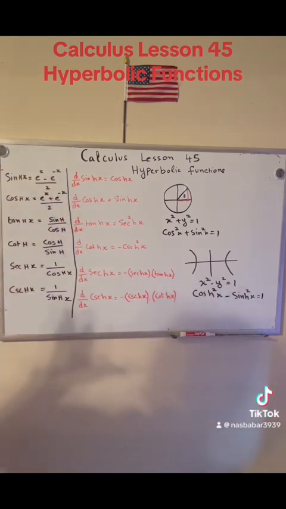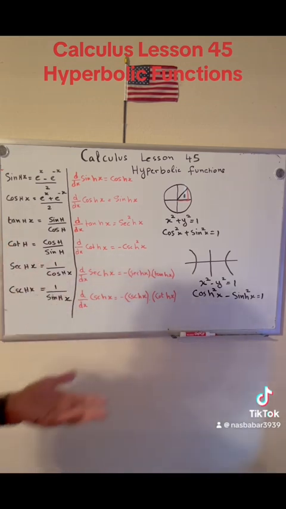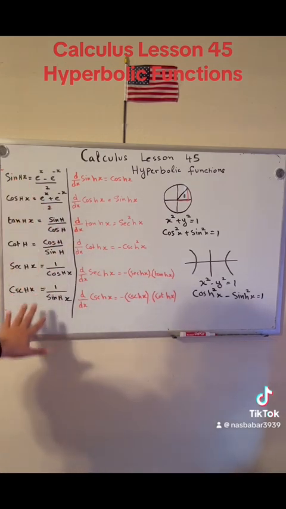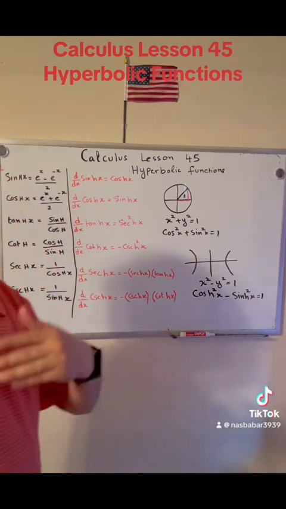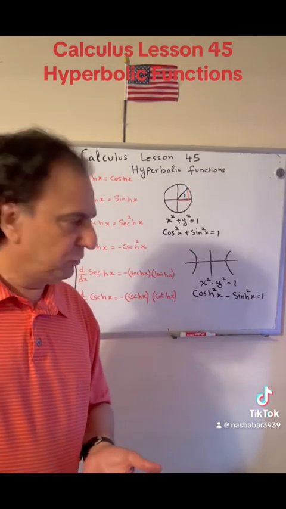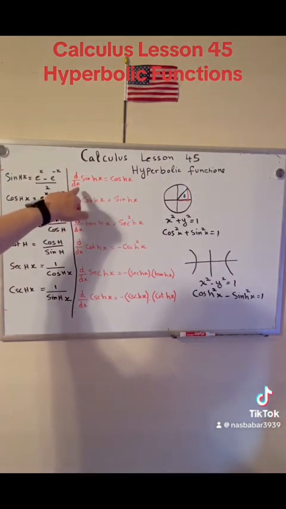This is the true form of hyperbolic functions in terms of sine, cosine, tangent, cotangent, secant, and cosecant. If not memorized, they will be given to you in the test. And in the red right here are the derivatives.